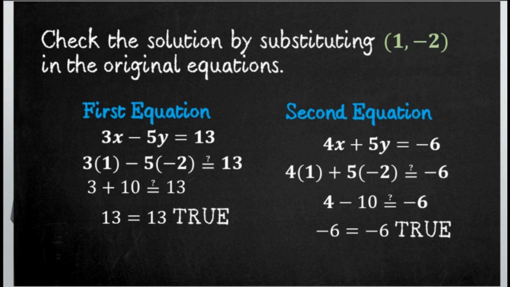We also have to substitute the solution set 1, negative 2 on our second equation. Substituting 1, negative 2 gives us negative 6 equals negative 6. Therefore, the solution set 1, negative 2 is also true in equation 2, and the solution set is true for the system 3x minus 5y equals 13 and 4x plus 5y equals negative 6.